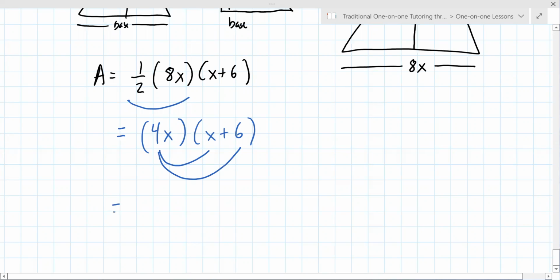Okay, so will you do that for me and tell me what the answer is? x squared plus 24. Anything else? Oh yeah, 24x. Yes. That's it. That's your final answer for that one.